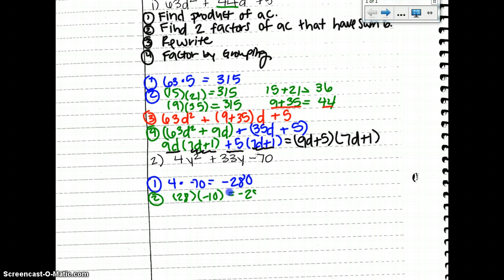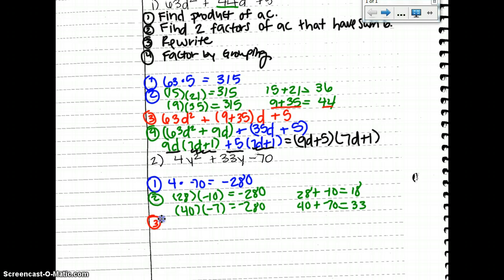That product is negative 280. 28 plus a negative 10 is 18, so that does not work. Okay, let's do 40 times negative 7. Product is negative 280. 40 plus negative 7 is 33. Great, so that one works.